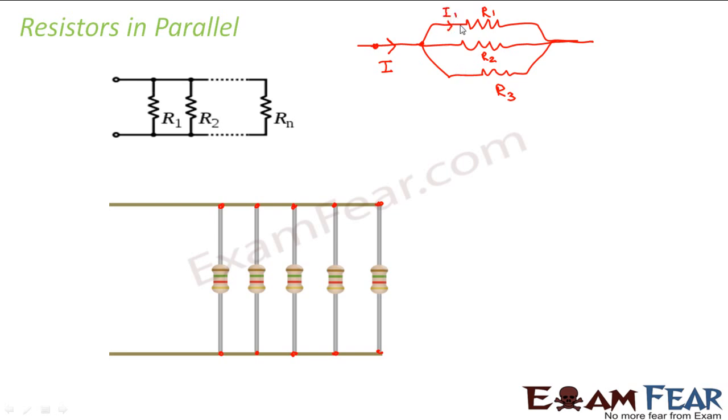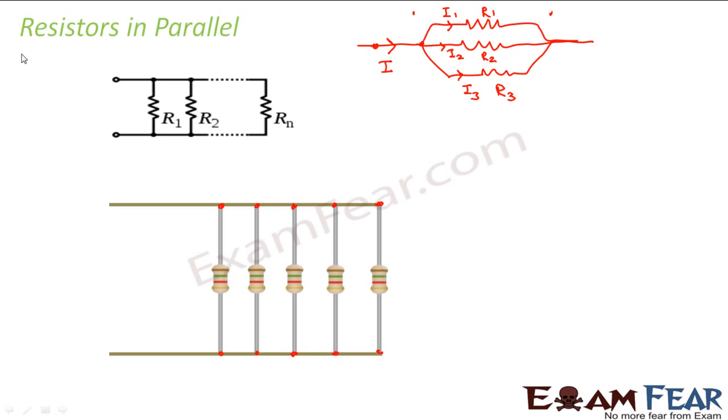Current flowing through each of them will be different because this current I will come here and get divided into 3 parts, I1, I2 and I3, right? So I1 will flow through R1, I2 will flow through R2, and I3 will flow through R3. However, the potential difference between these 2 points is the same. Therefore, the potential difference across R1, R2 and R3 are same.